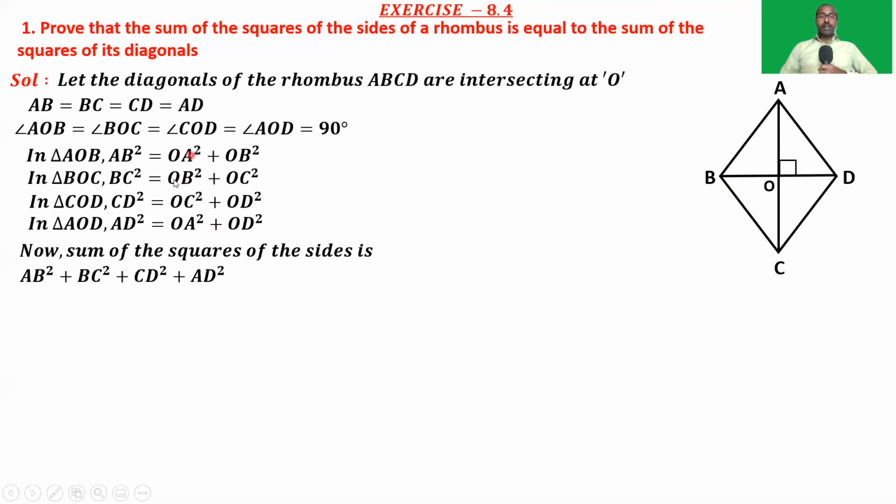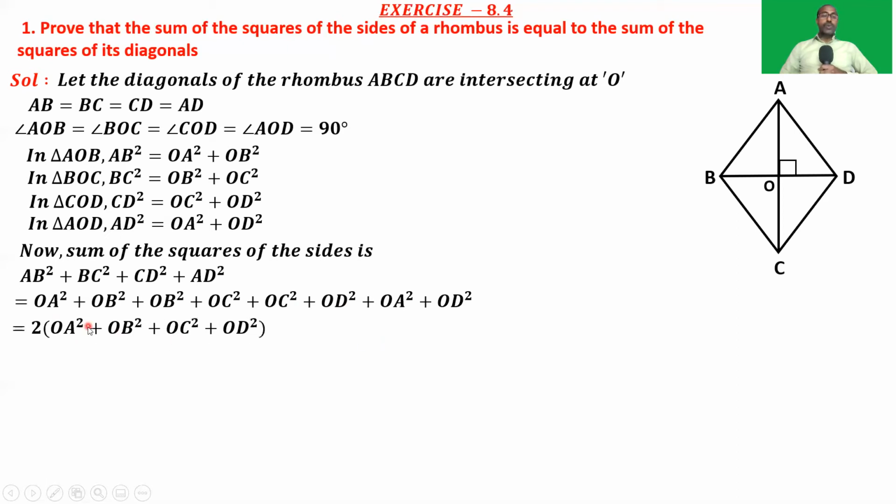So substitute all these four values in this expression. There are two OA squares, two OB squares, two OC squares, and two OD squares. So the sum is 2 into OA square plus OB square plus OC square plus OD square.